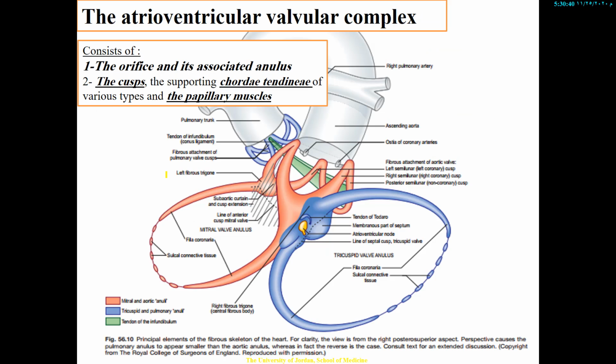Here, the orifice and associated annulus. We did mention that this is the first part of any valve. Even the mitral valve would have the same structure.